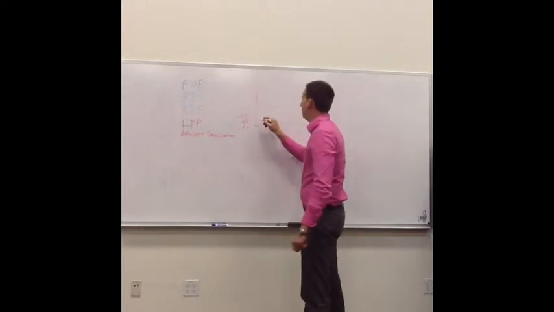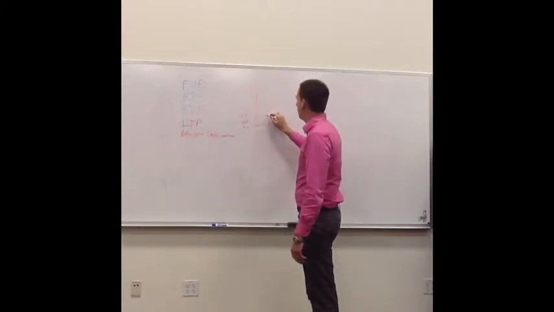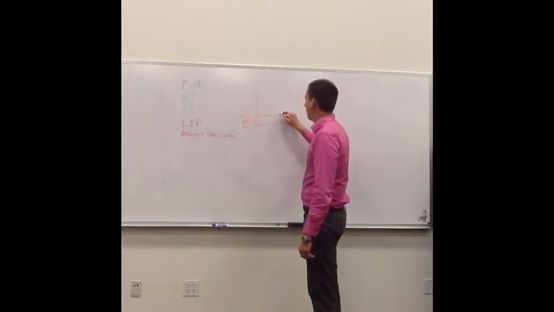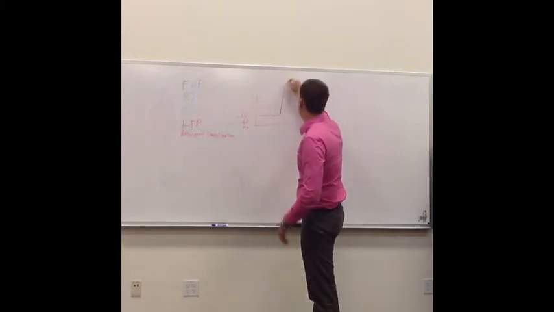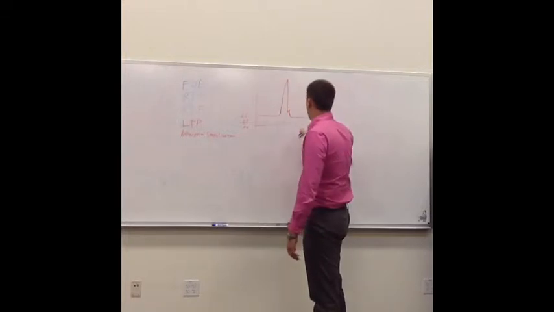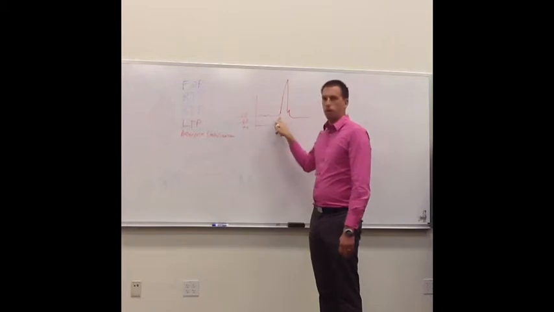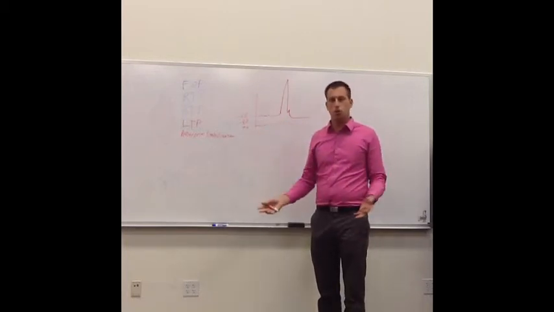As you get input, it might stay there, it might go up a little bit, it might go down a little bit. But as soon as it reaches a threshold, approximately -55 millivolts, you send off an action potential. That action potential goes up, comes back down, and then it comes back to resting. So in a normal, healthy cell, this is what we like to see. It gets the input, it gets the proper amount, it fires, everything works correctly.